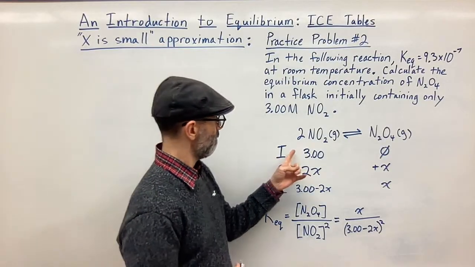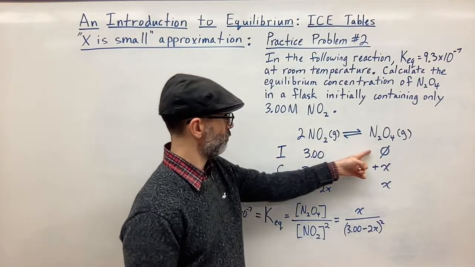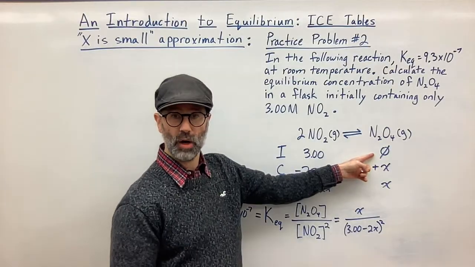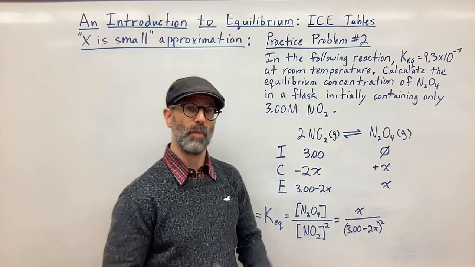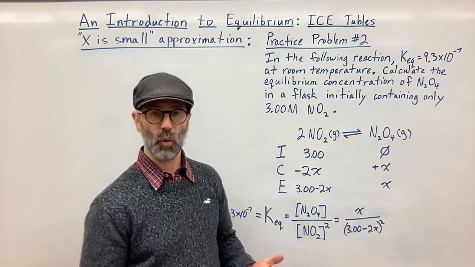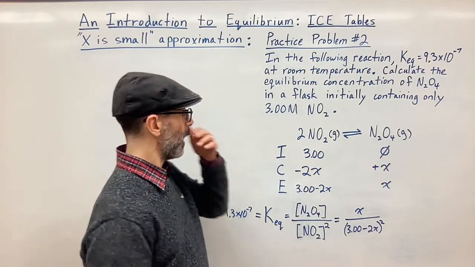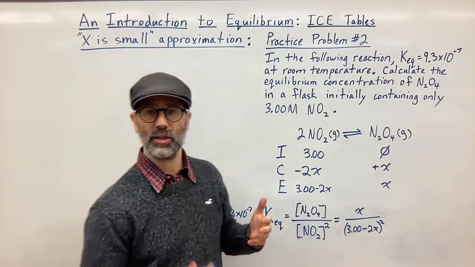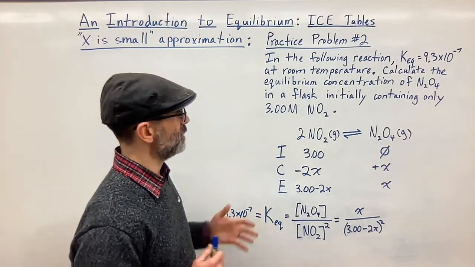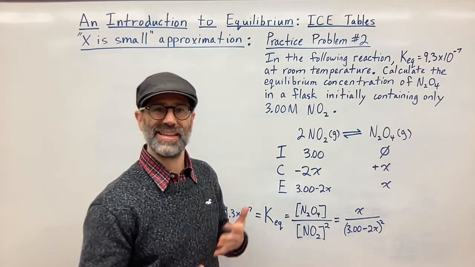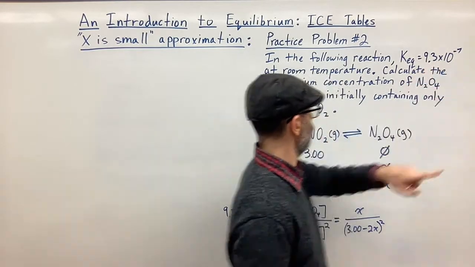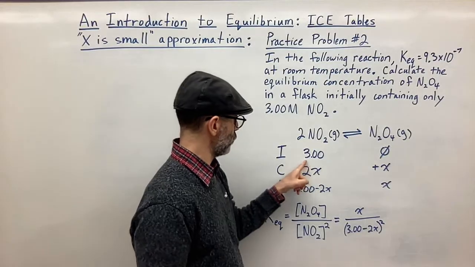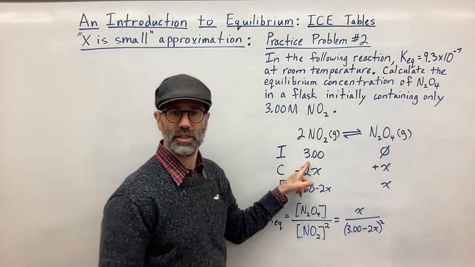That means that very little of this is going to form N2O4. So X is going to be really small. Is it small enough to ignore? Possibly. How can you tell by looking at the problems here? The best, or maybe the easiest, way to see if it's going to work is to compare your Keq with your initial concentration.